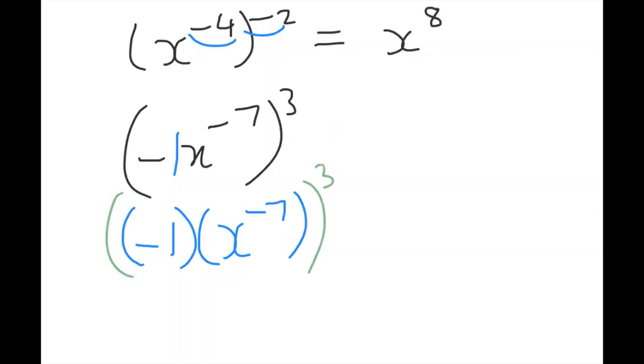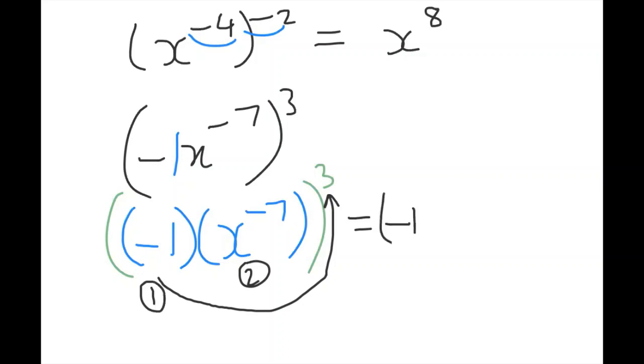How we can do that is, we're going to take the minus 1 first, break it up, and multiply by the power 3. I'm going to do that first, and then I'm going to do this part second. The first part is minus 1 to the power 3. That answer is minus 1.